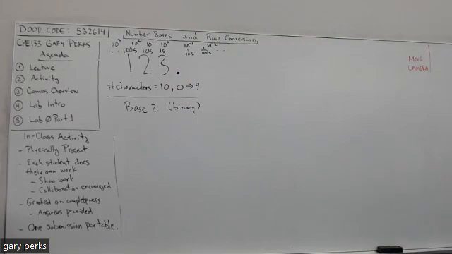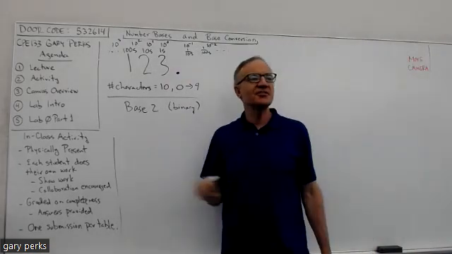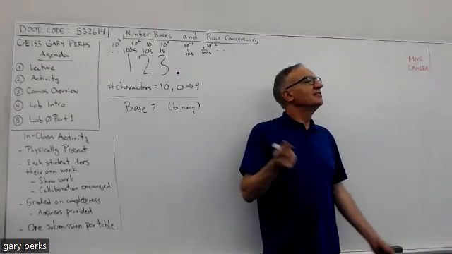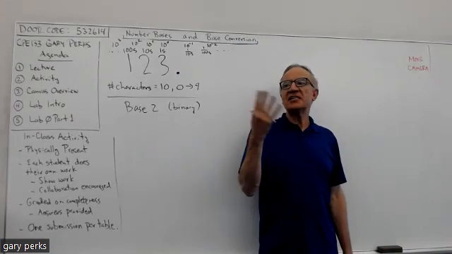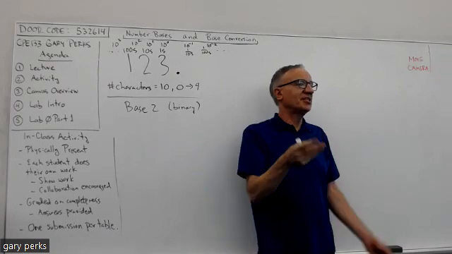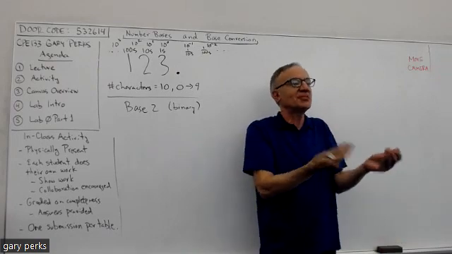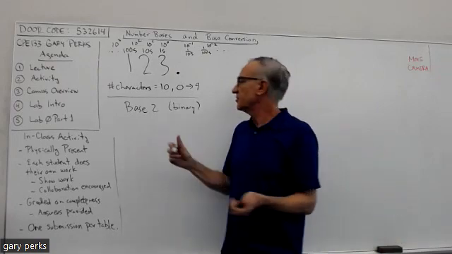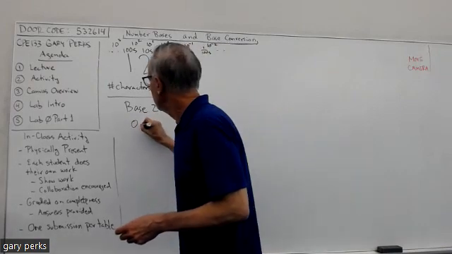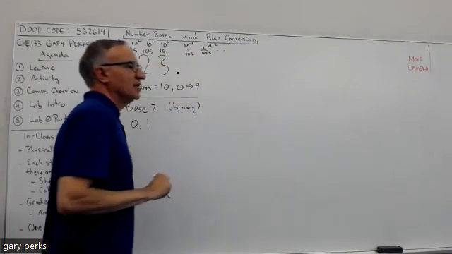Again, the number of characters in a base equals the base. And what do you think those 2 characters are? 0 and 1, right? Because every base has 0 as a character, since in every base you have to have something that represents you don't have something. So the characters in base 2 are 0 and 1.